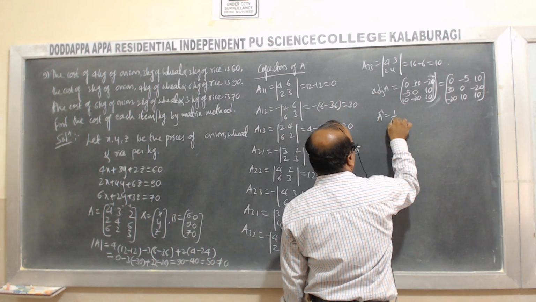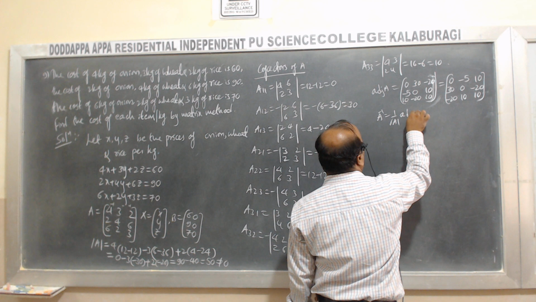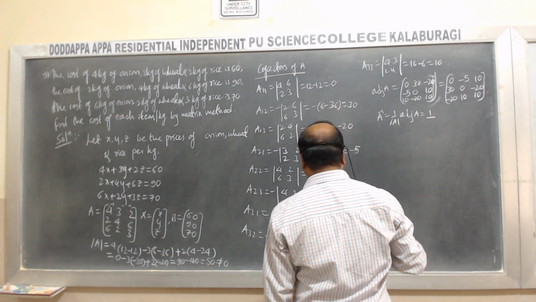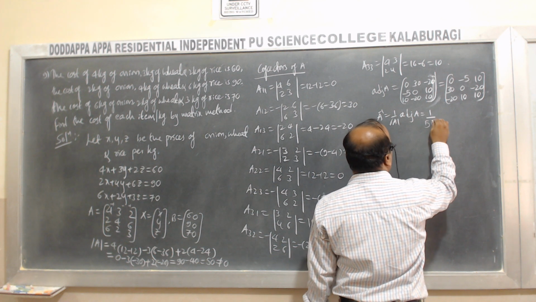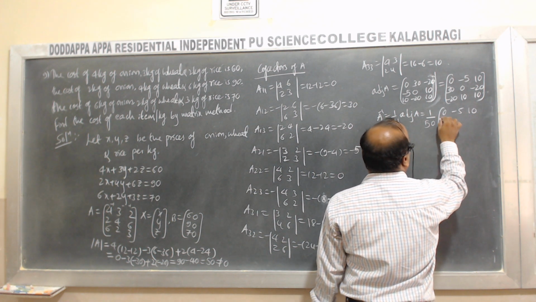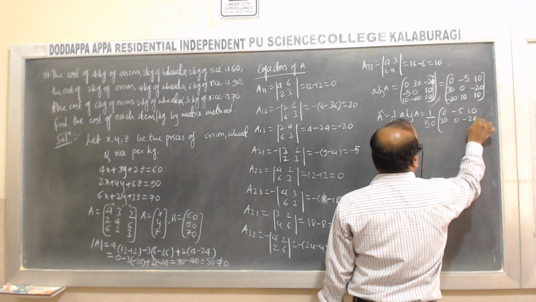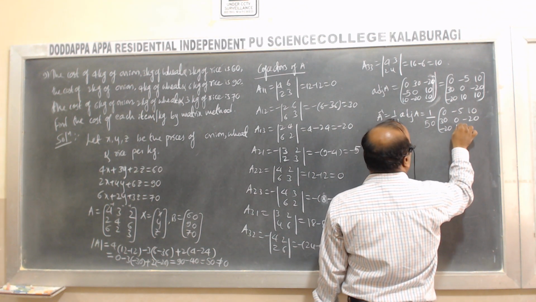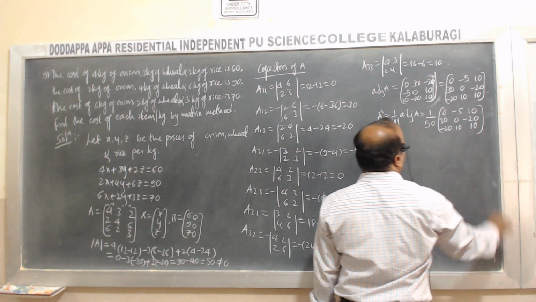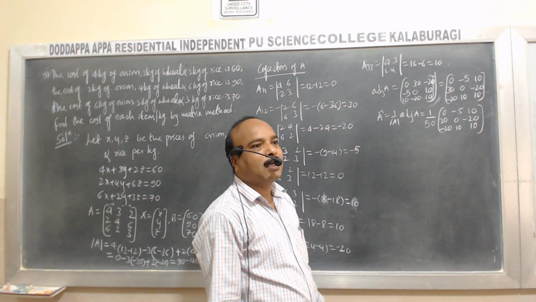Now we go for inverse of the matrix. A inverse is 1 by determinant of A into adjoint of A. Determinant of A value is 50. So 1 by 50 into 0, minus 5, 10, 30, 0, minus 20, minus 20, 10, 10. So like this we find inverse of the matrix.